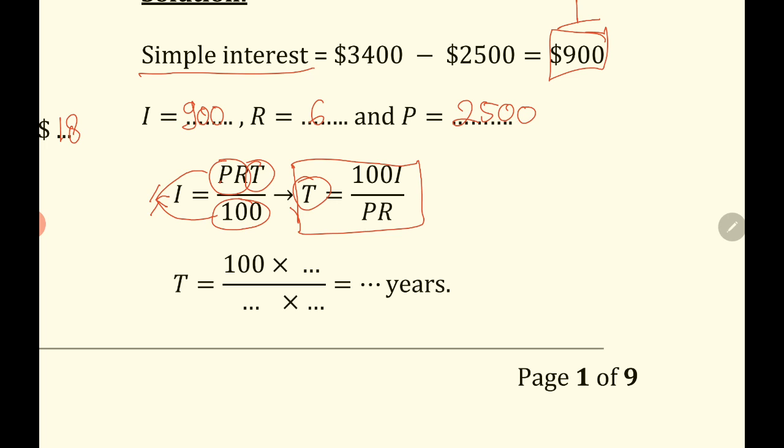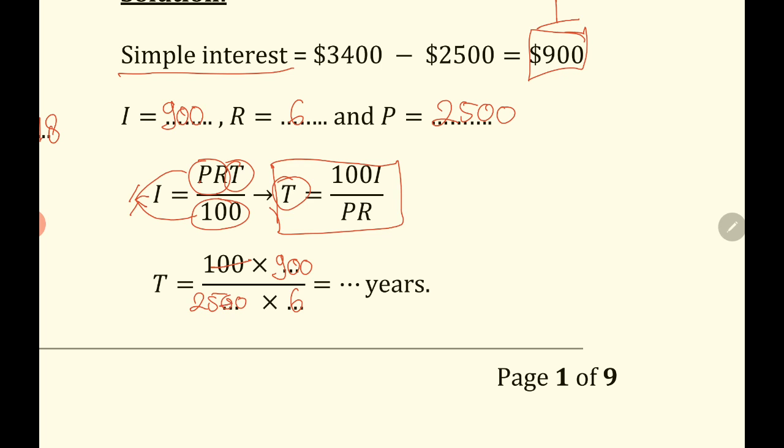T equals 100 times the I, here is 900, divided by P, which is 2,500, times R, 6. Okay, so we can cancel the 0 here, 0 gone, and then we can simplify 900 with 6. It's divided by 3.